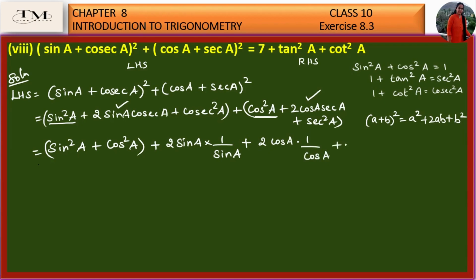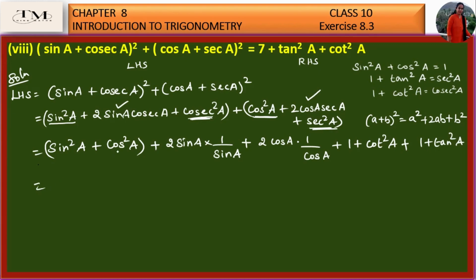Okay. What is remaining? Remaining we have cosecant square A and secant square A. Since the RHS has tan square and cot square, convert cosecant square to cot square. So cosecant square A is 1 plus cot square A, and secant square A is 1 plus tan square A. Okay, children?